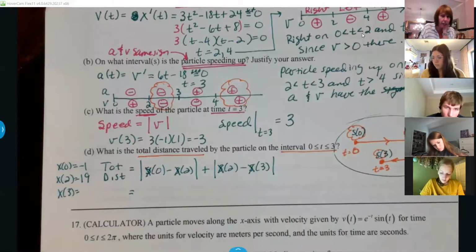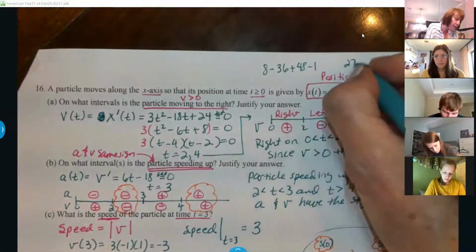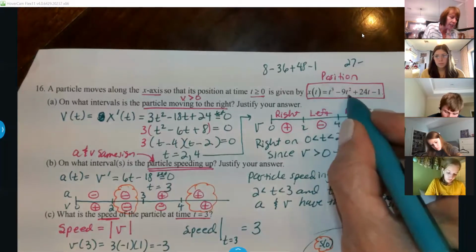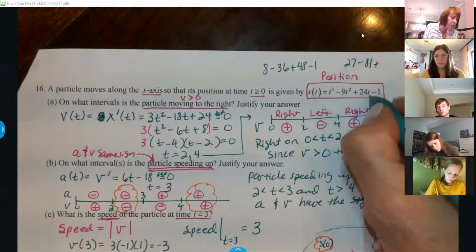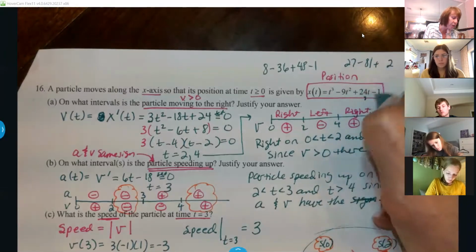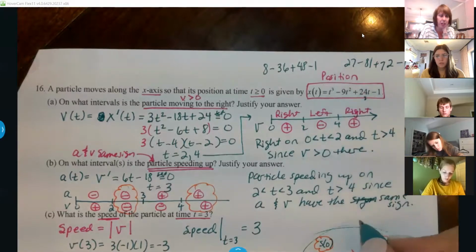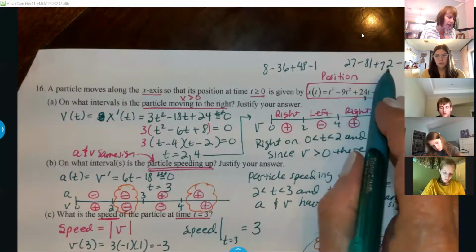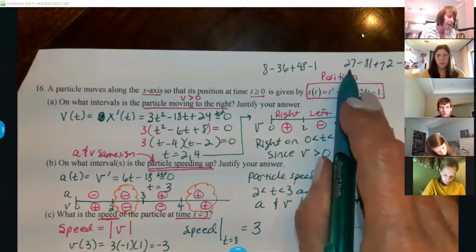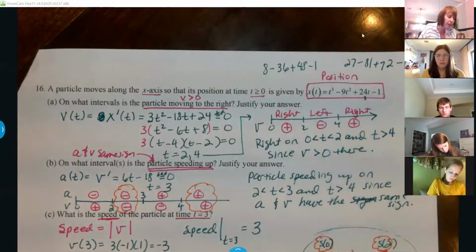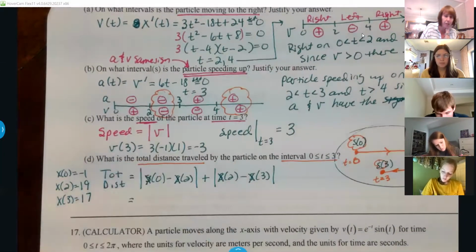And now we need X of 3. For X of 3, we're going to have 27 minus 9 times 9 is 81, plus 24 times 3 is 72, minus 1. Let's see, this is going to be -54, -10... plus 27 is going to be 17, hopefully, maybe.